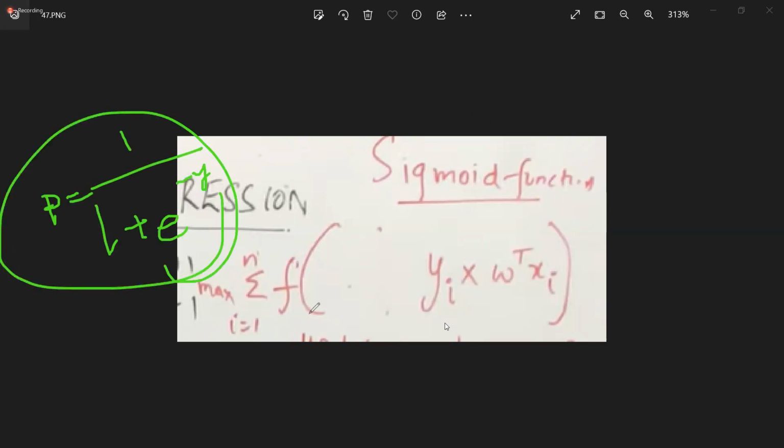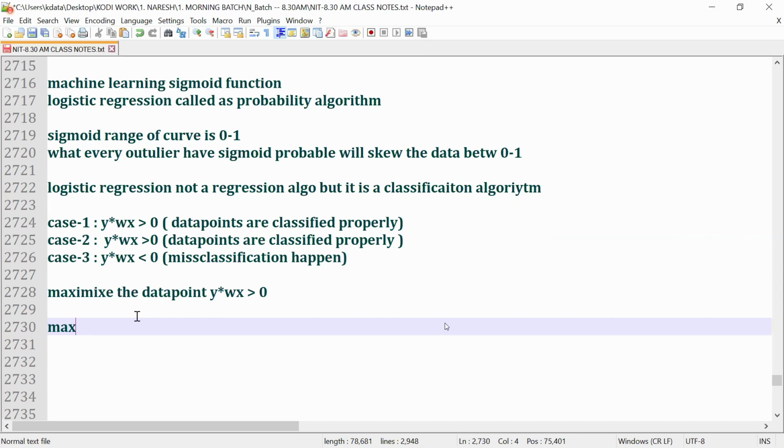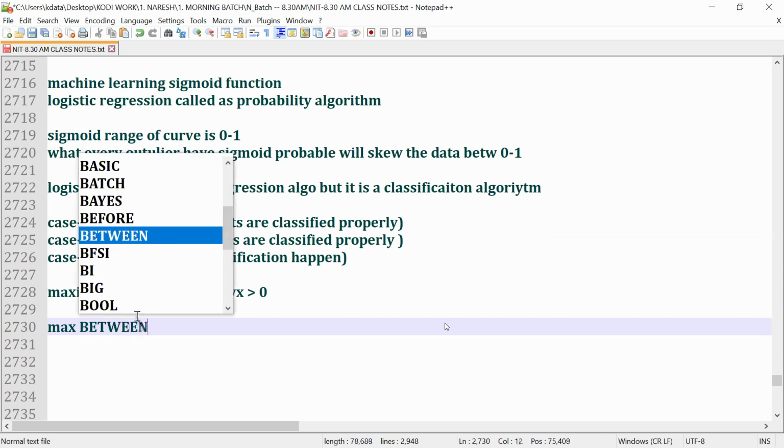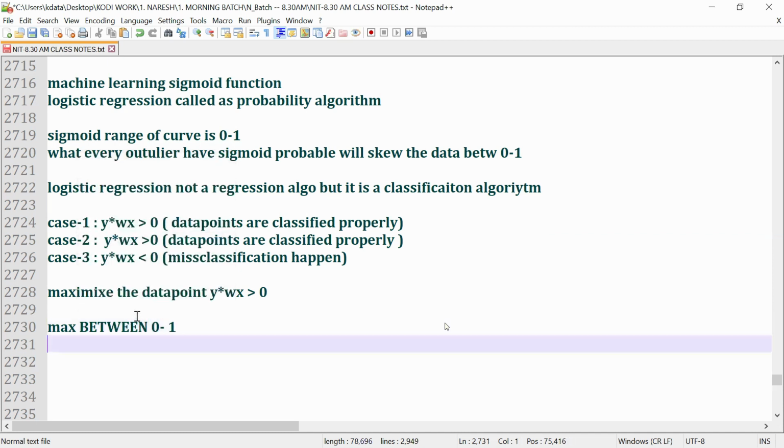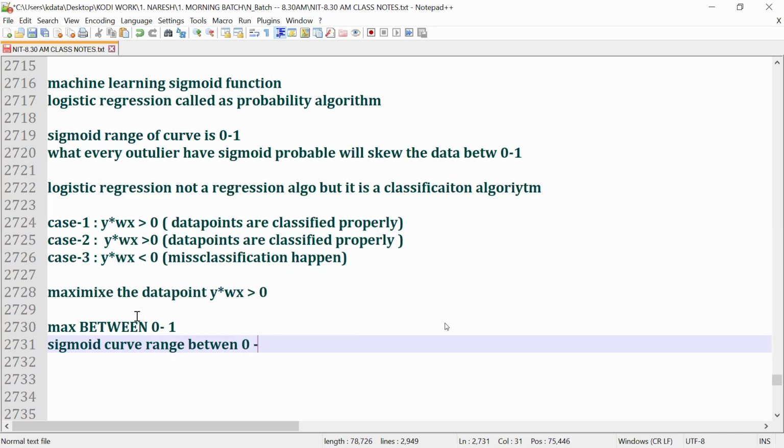So what happened? The moment we apply the probability function, it changes the outlier and makes the point between 0 and 1. Do you understand, guys? So that's why the sigmoid curve ranges between 0 and 1.